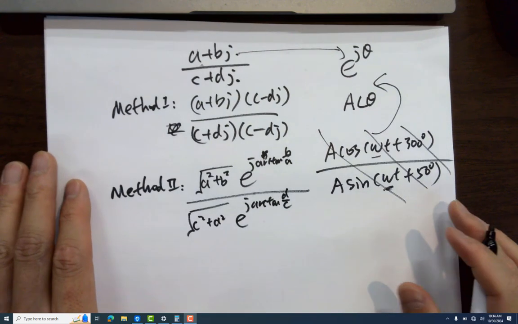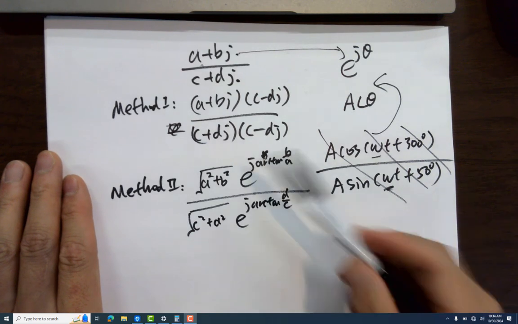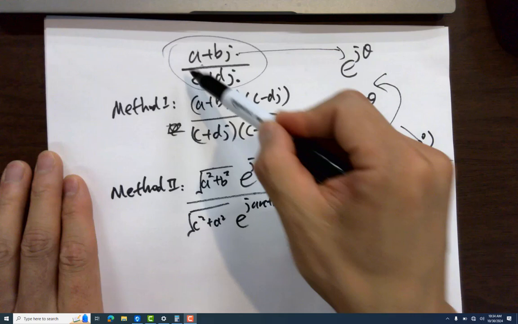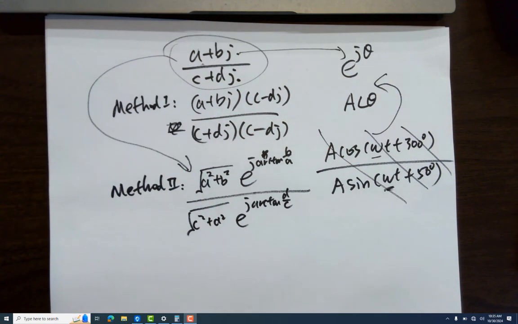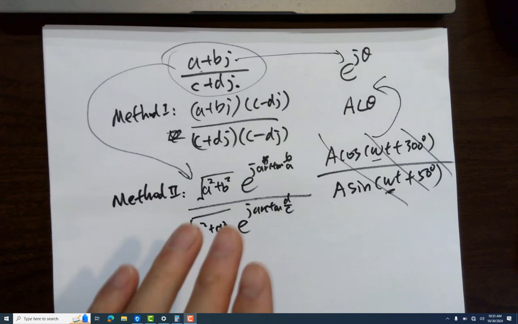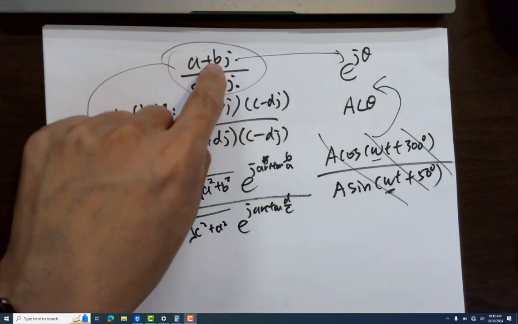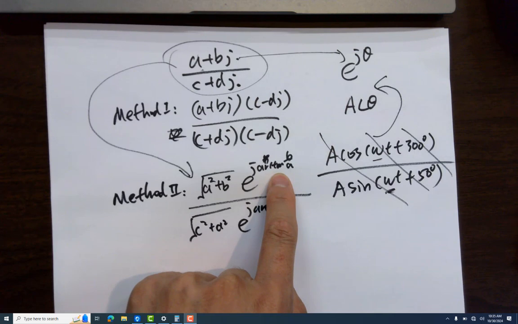Are they equal? Can I just convert this to the phasor form like this? You just have to know how to do it for the exam 2, okay? It's the last problem. You just have to know how to do it. This to this. Same thing, same stuff. Amplitude, and angle. Make sense?